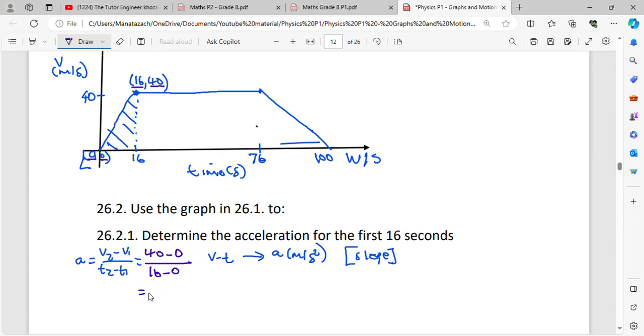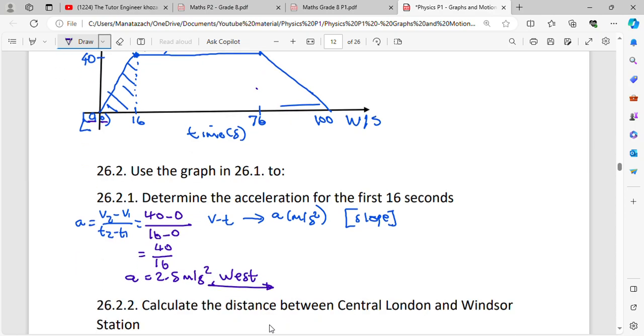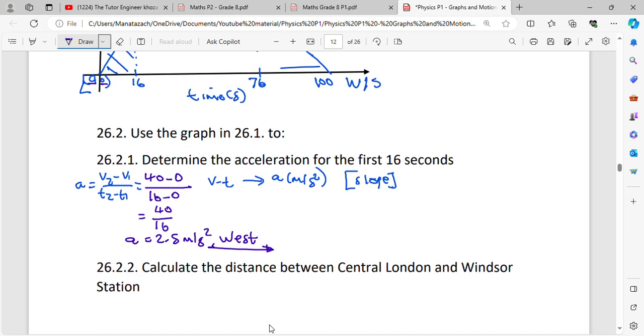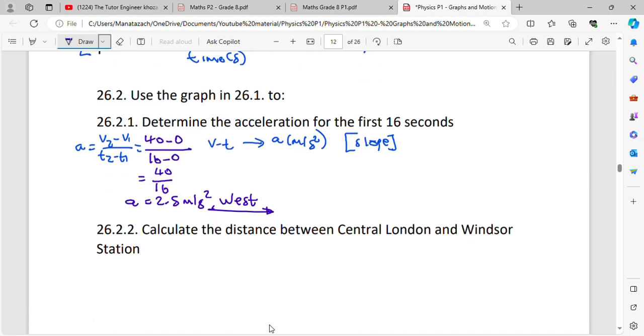That will give us 40 over 16. Then the acceleration, we can easily calculate it as 2.5 meters per second squared. Since it's positive, we'll write west direction. So that's the answer.